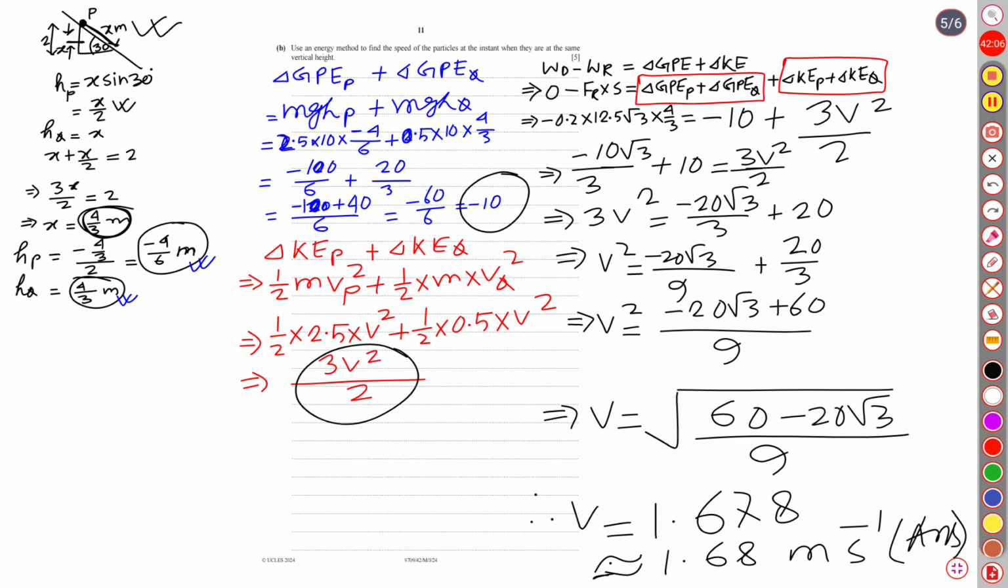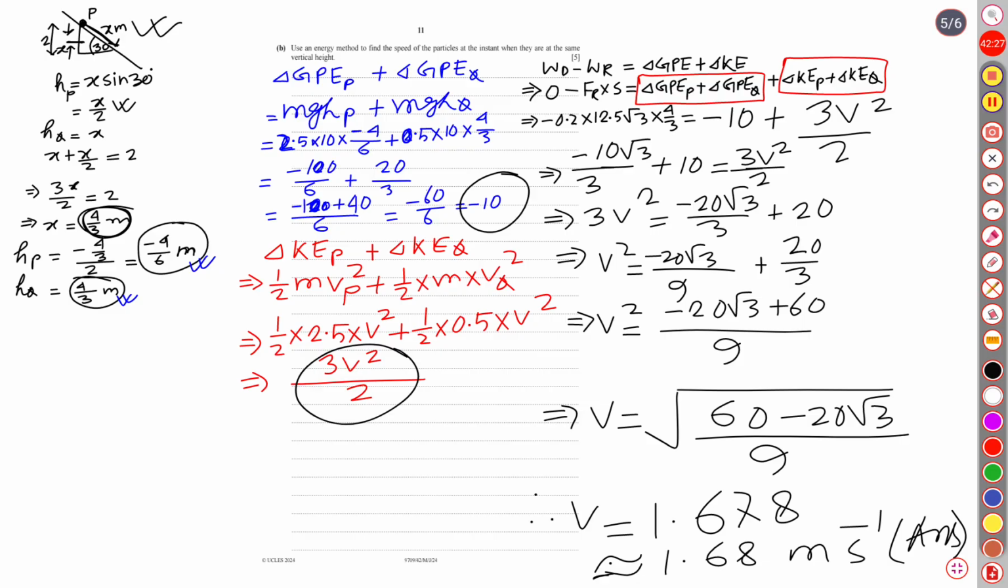Yes, this is what our solution is, and I think you have understood that if the question has already told us to apply the work energy equation, the major components in the work energy equation are the change in GPE as well as the change in KE.